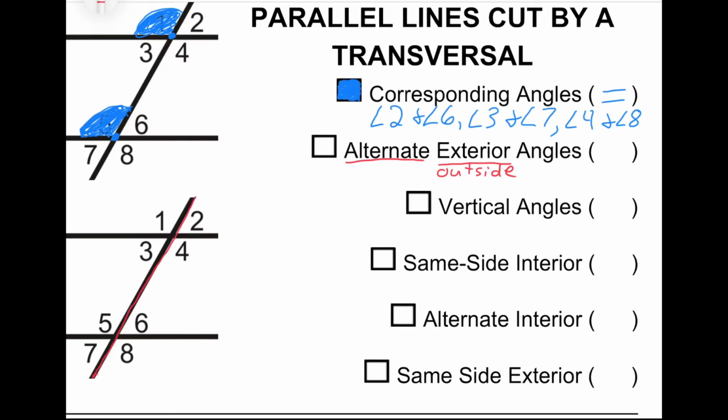So if we started with angle 1 and we went on the other side of the transversal, we are actually going to do angle 8 instead of angle 2. So those are going to be our alternate exterior angles.